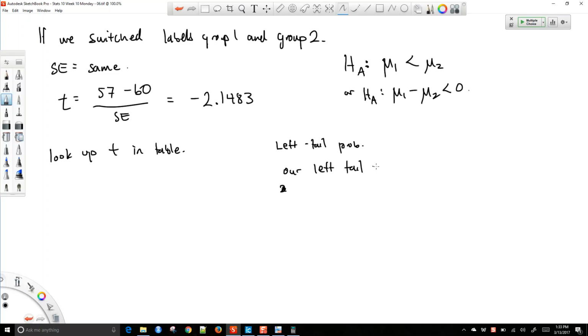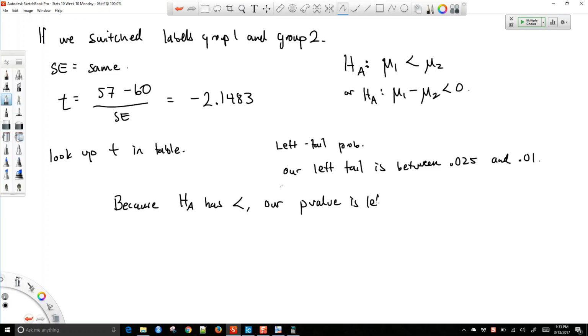Because the alternative now has a less than sign, my p-value is the left tail, and therefore the p-value is still between 0.025 and 0.01.